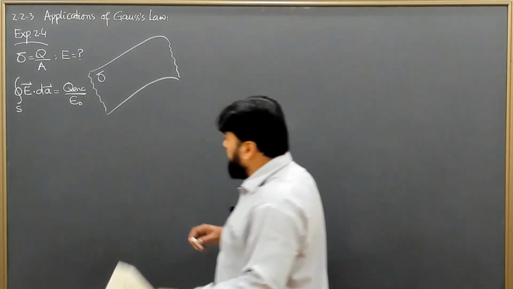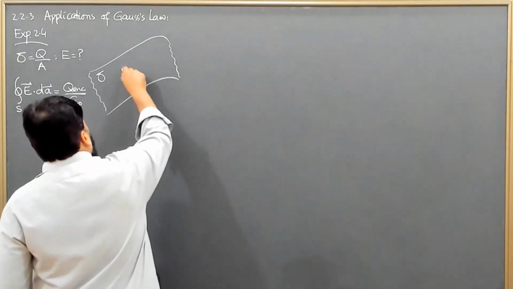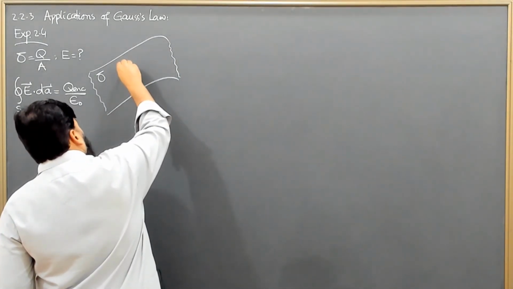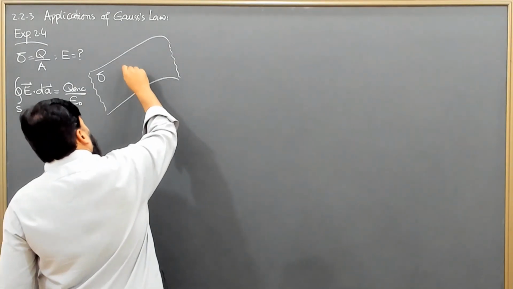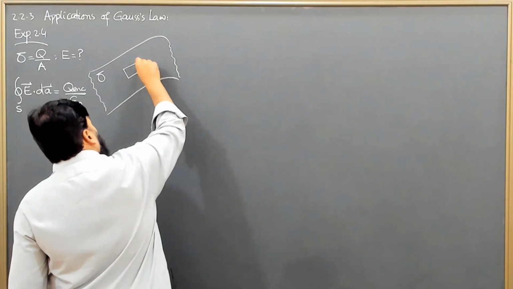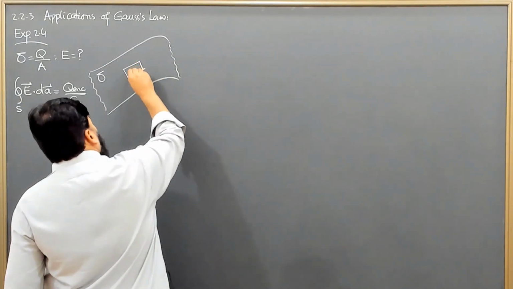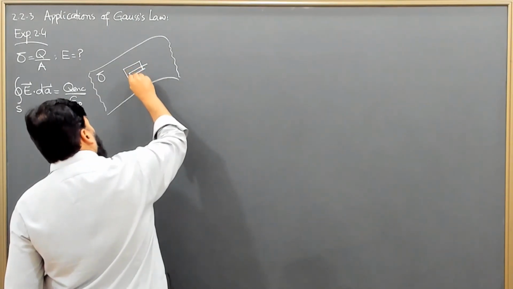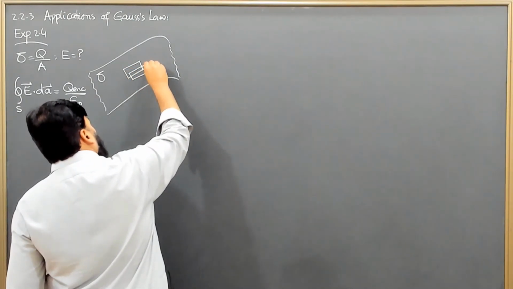So we will consider a box on this sheet. The box is such that it is halfway up and halfway down this sheet.